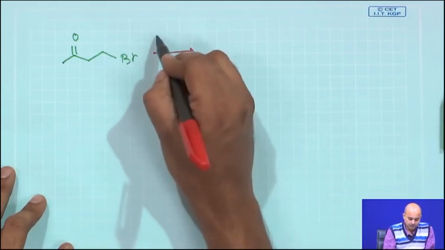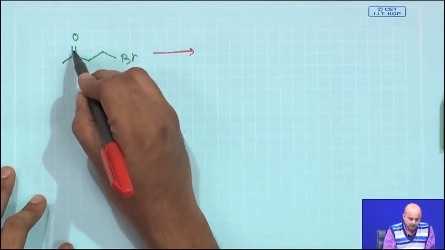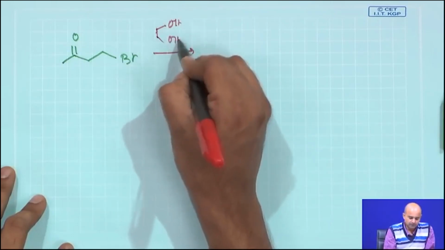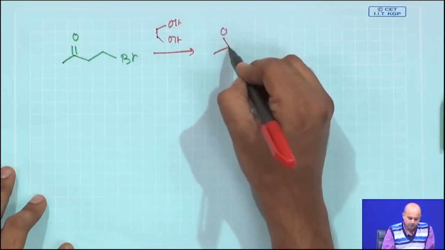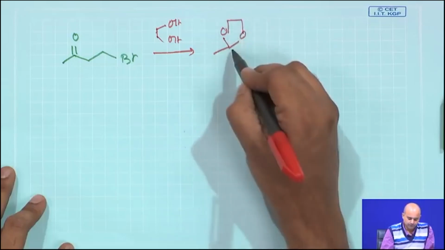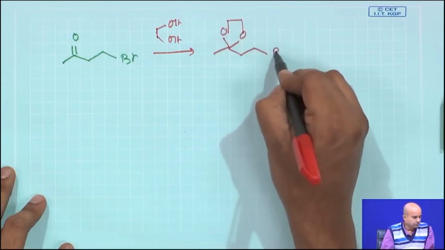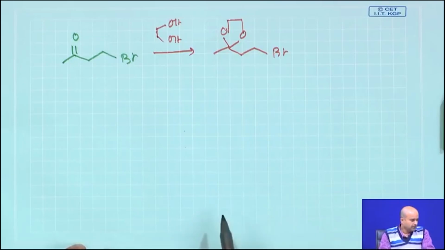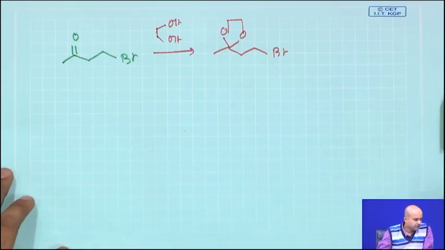So, you first protect this ketone group with ethylene glycol. So, this is the protection of the ketone, and you get CH2Br, CH2Br.